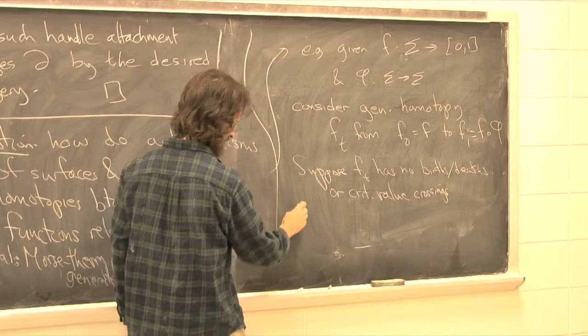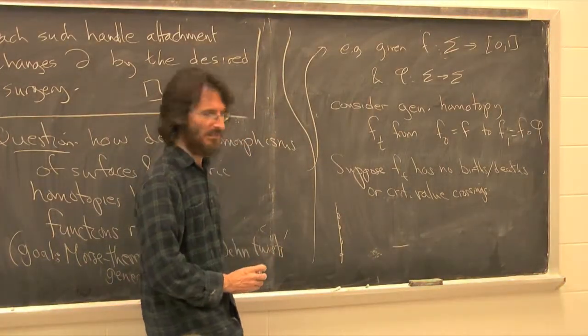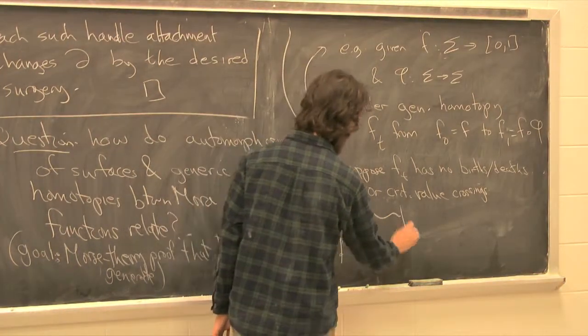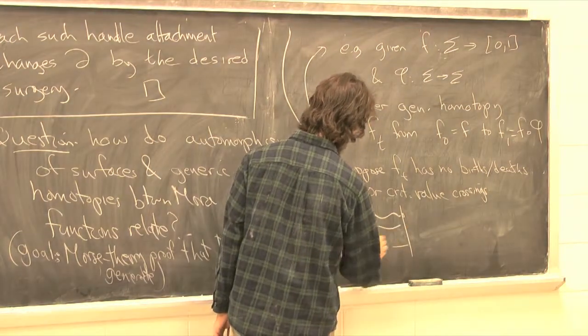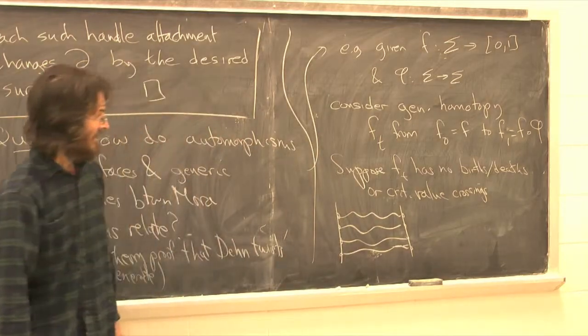So you look at your Cerf graphic and you just see the critical values for f sub 0, and then you just wander around and you get the critical values for f sub 1.